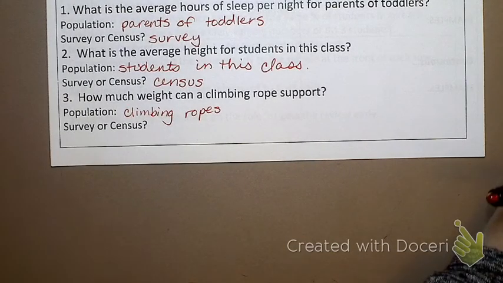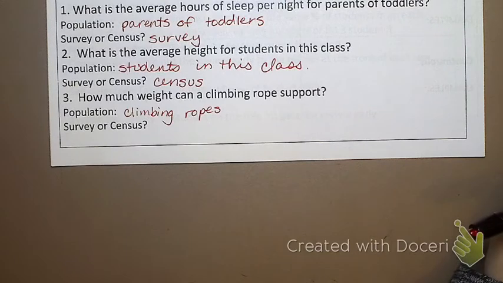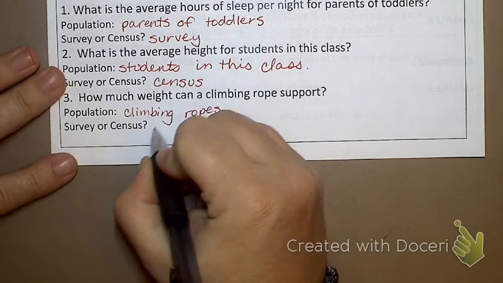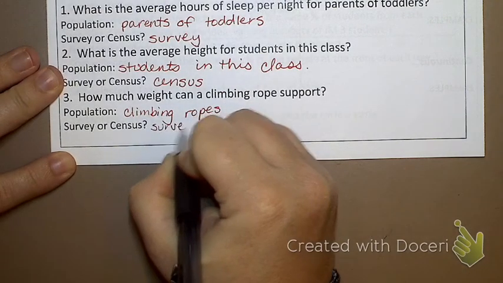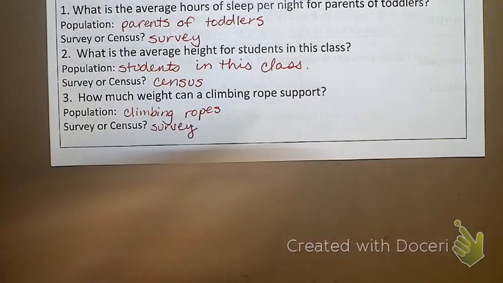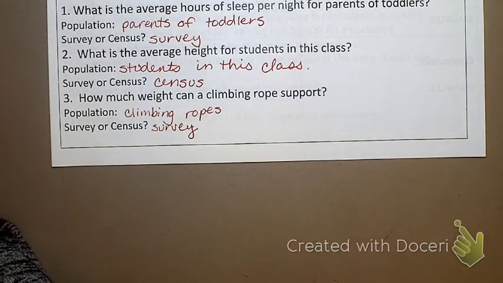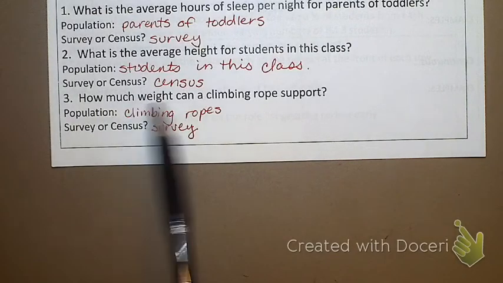Would I take a survey or a census? Survey. Why a survey? Because it doesn't specify what kind of climbing rope, just a climbing rope. It doesn't specify which kind, which means what? There's so many of them, it would be hard to figure out. Another thing that a lot of people wouldn't think about with this: how do you test how much weight a climbing rope could support?